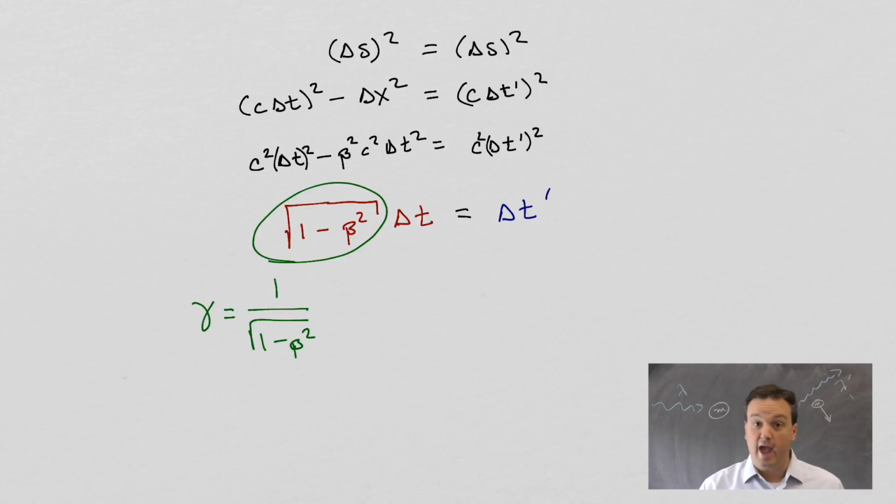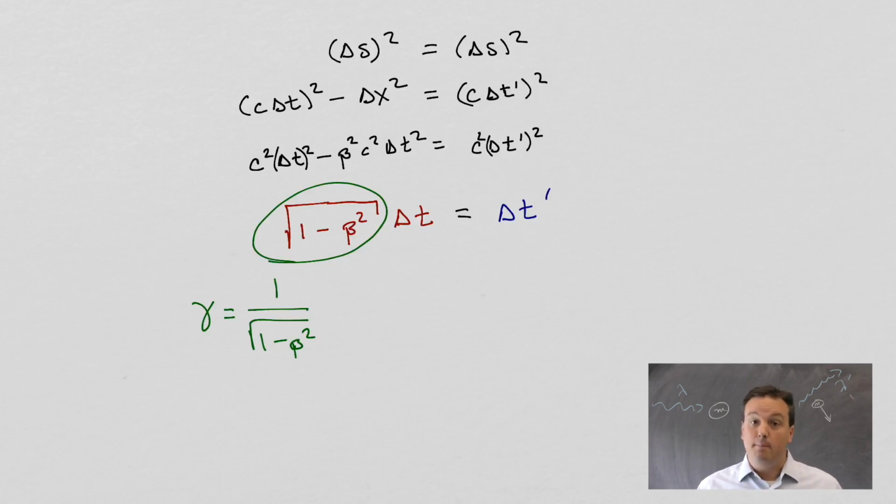Okay, this gamma factor then tells me how different my speed is from the speed of light, right? So if beta is really small, gamma looks like 1, and now delta t is equal to delta t prime. Relativity isn't so important.